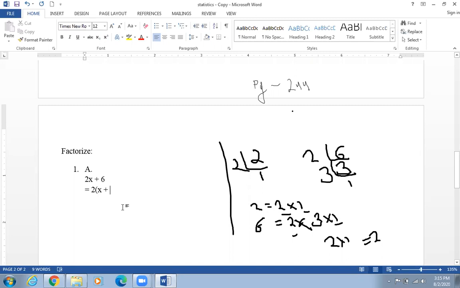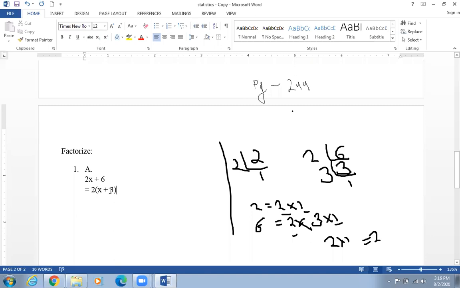Either write 3 directly, or we can ask: with what do we multiply 2 to get 6? We multiply with 3 to get 6. So 2 threes are 6. Bracket is also denoted by times. So 2 bracket x plus 3.